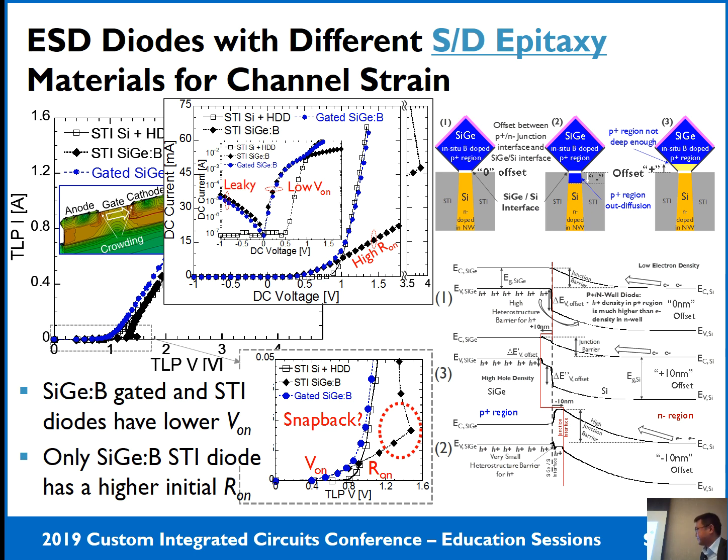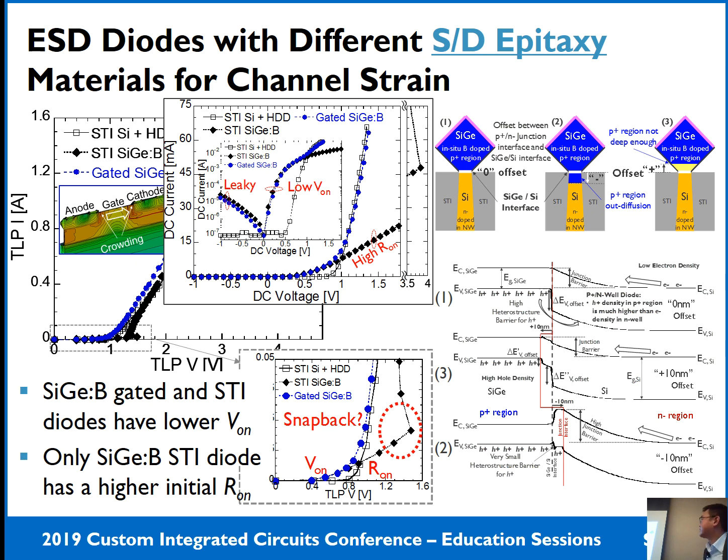For example, if you have this junction interface aligned with the silicon germanium silicon heterostructure interface, then there will be an obvious valence band offset. So this will be a barrier for the whole conduction. So that's why you will get this higher resistance.